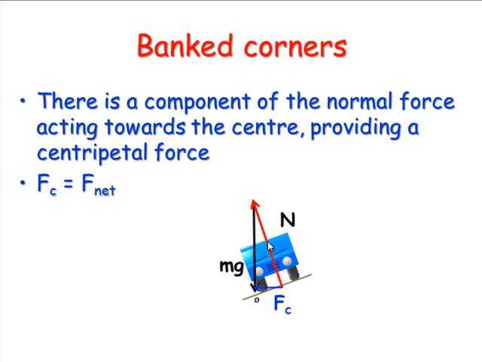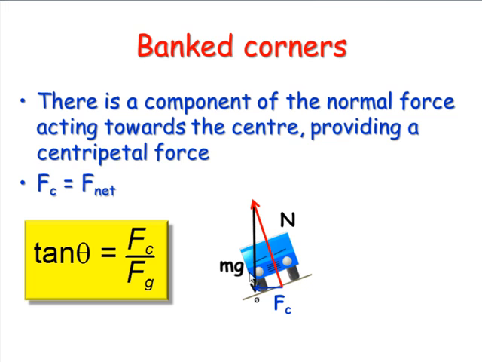So again, net force, vertical components are cancelled out by weight, otherwise the car's either going off the road up into the air or it's falling through the road, and therefore the net force must be that force that's pushing it round the corner. If we look at this, we've got a triangle here. We know the adjacent side, we know the opposite side.